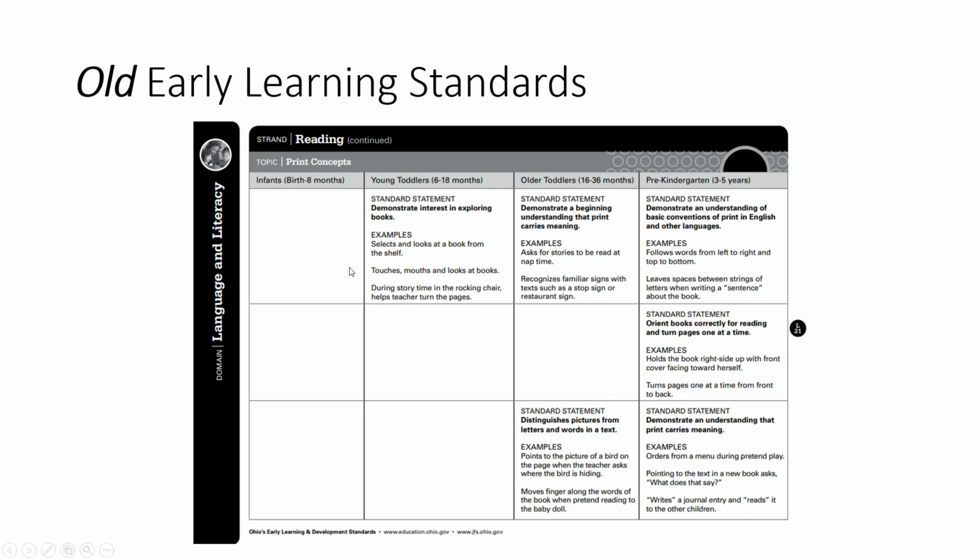And the old Ohio standards would break a particular content down by age. So print concepts we have here, and it was broken down by birth to 8 months, toddler, older toddlers, and then pre-kindergarten. And then there would be standards based on the age of the student. These younger kids would have more emergent standards, and older kids would have a little bit more sophisticated standards.